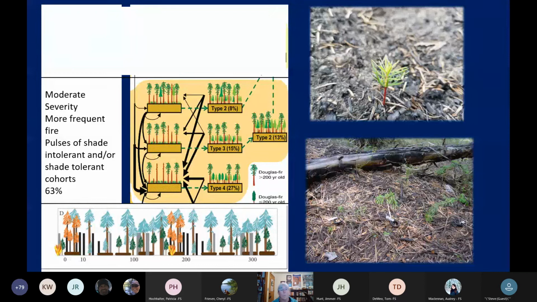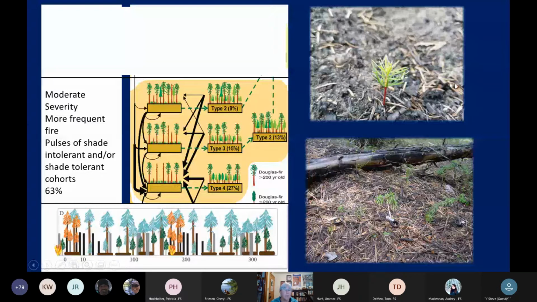And the cohorts could consist either of shade tolerant species, as you see in this lower right-hand panel here, in fire conditions where fires were less severe and they didn't kill enough of the overstory or burn up enough of the litter and duff on the site that these shade-tolerant species like western hemlock and Pacific silver fir were able to generate.